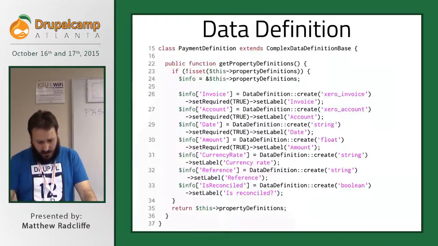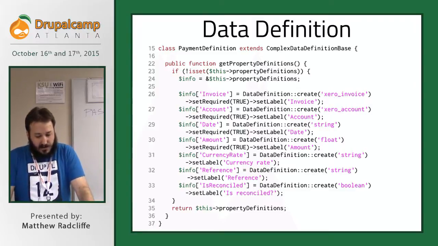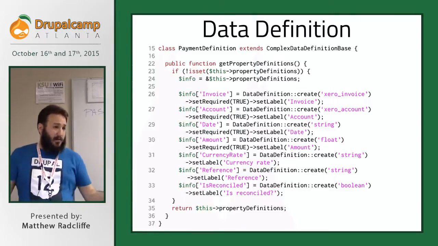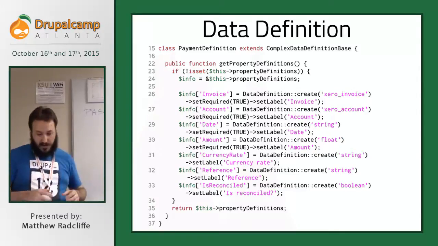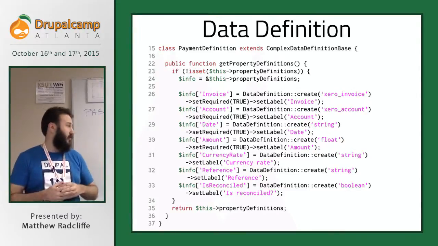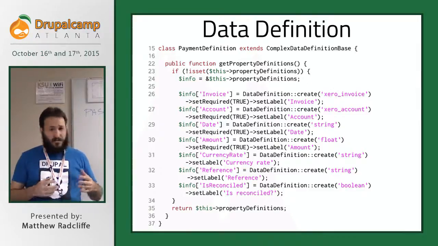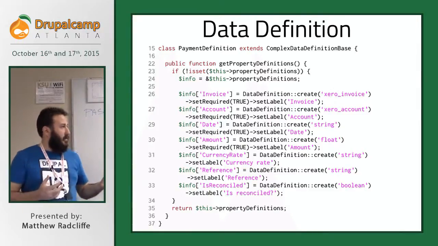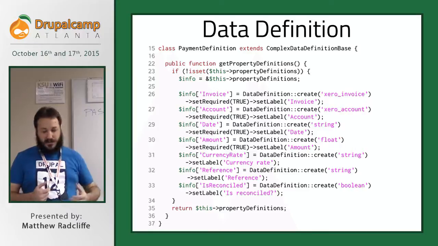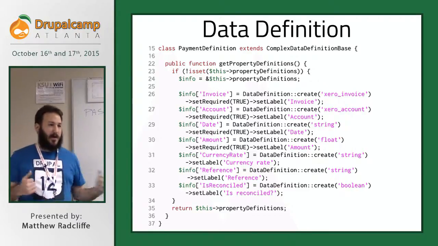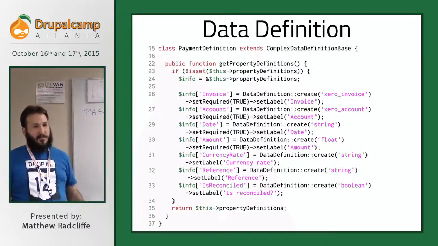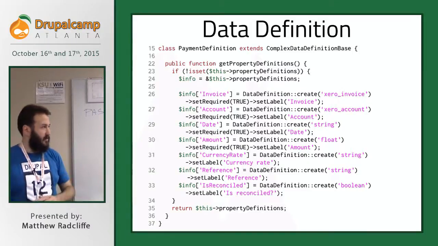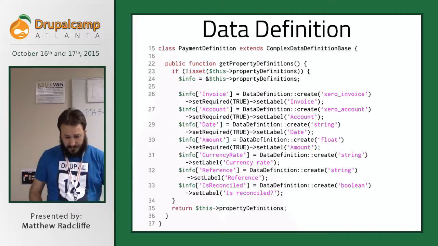So what does it look like? If you're defining a composite data type like this, your data definition class is probably going to extend the complex data definition base, and you're going to have essentially one main public method, and that's getPropertyDefinitions, and everything else is inherited from either the complex data definition base, the data definition, or the list data definition.